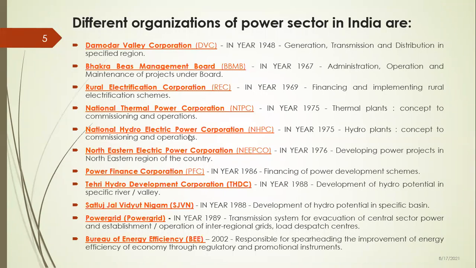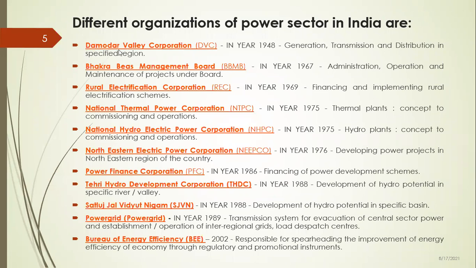And this is our next topic, that is the different organizations of power sector in India. So all the organizations that are related to the power sector, maybe it is an organization with the hydro plants, with the thermal plants, or with the nuclear plants, or any corporation that deals with the transmission and distribution of electricity in the city. So that you can write. So here there is a long list.